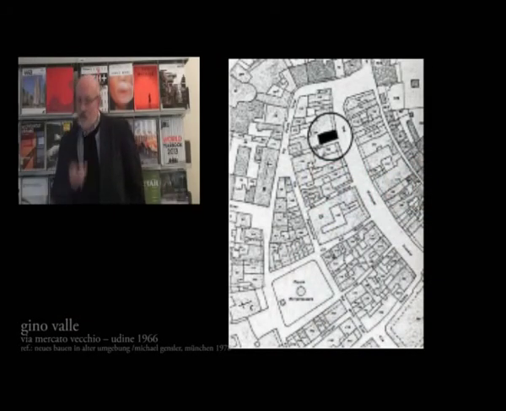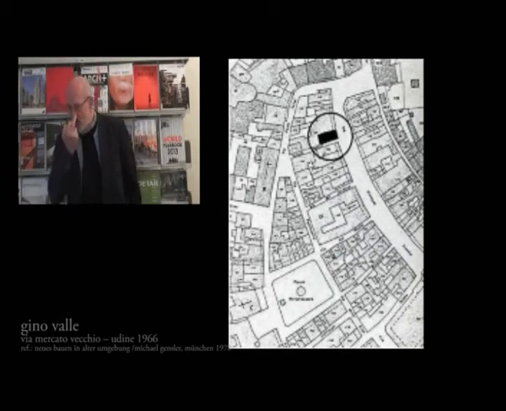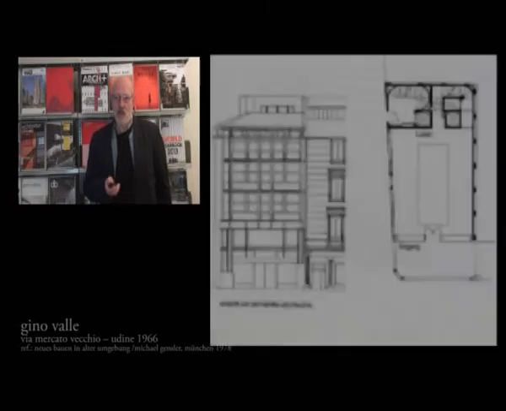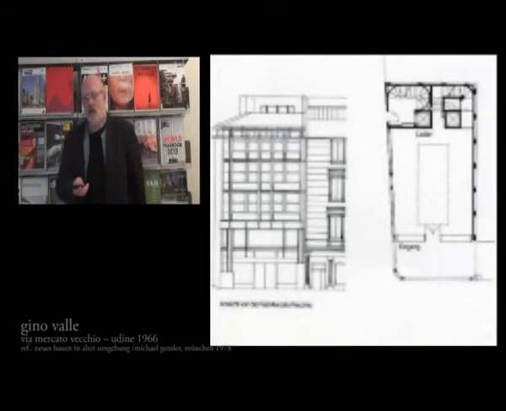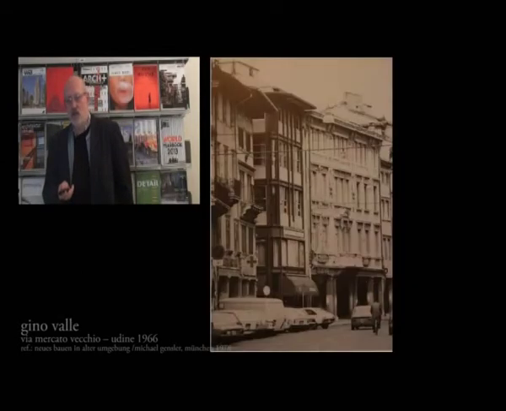Another example is by Gino Valle. He's an architect from Friuli. He was working at Udine, and he became very famous for this house using steel and at the same time integrating proportions.